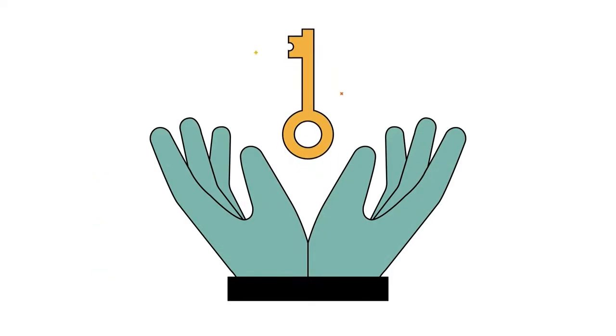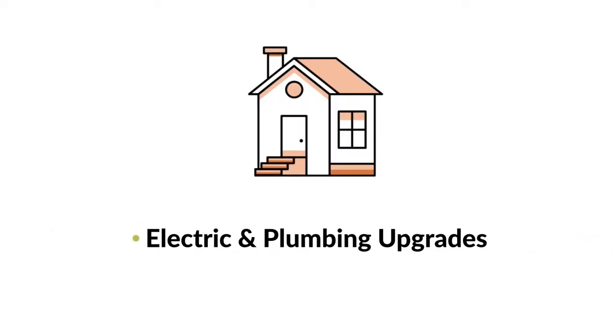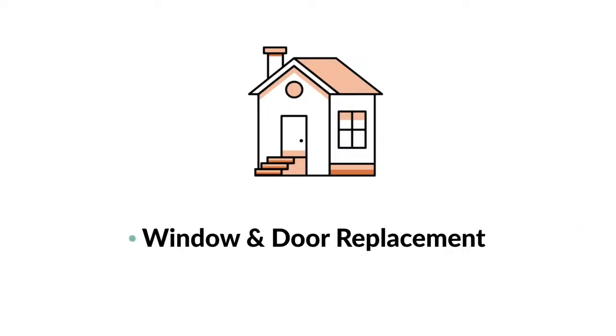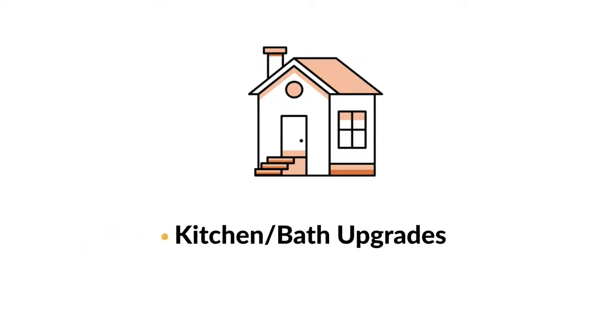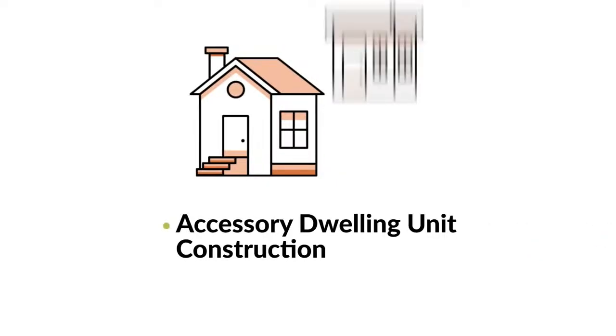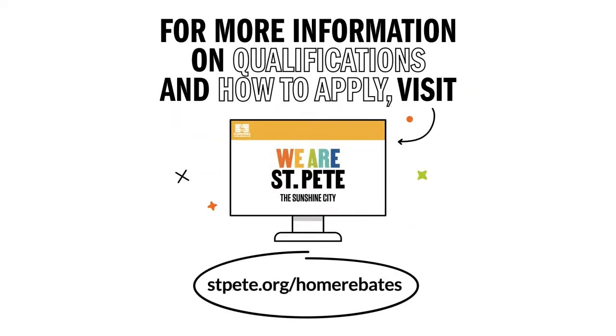The program provides rebates to eligible homeowners to make improvements to their properties, making it easier to stay in their homes. Examples of potential improvements covered by rebates are structural repairs, roof replacement, electric and plumbing upgrades, window and door replacement, HVAC replacement, insulation upgrades, kitchen and bath upgrades, and accessory dwelling unit construction. For more information on qualifications and how to apply, visit stpete.org/homerebates.